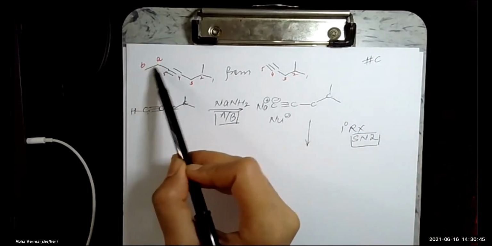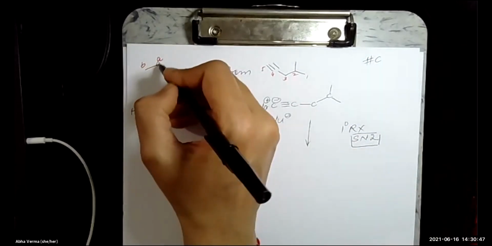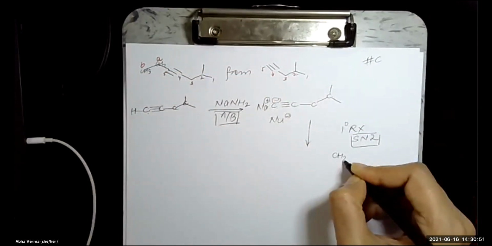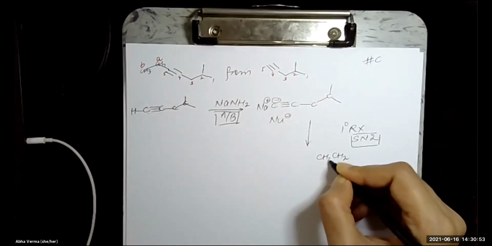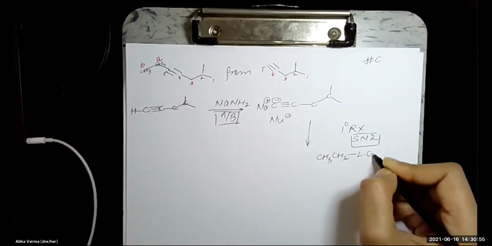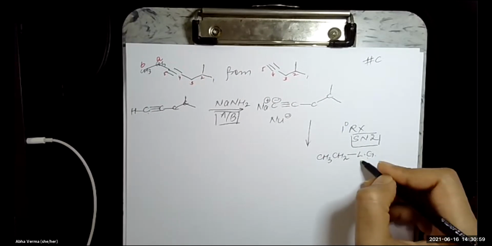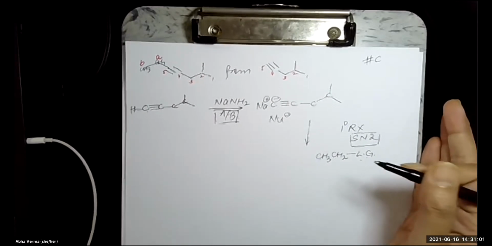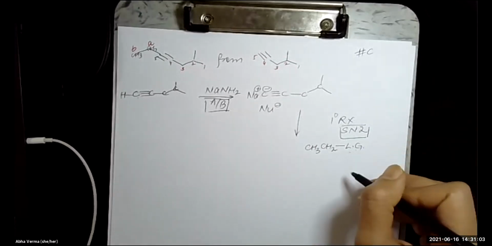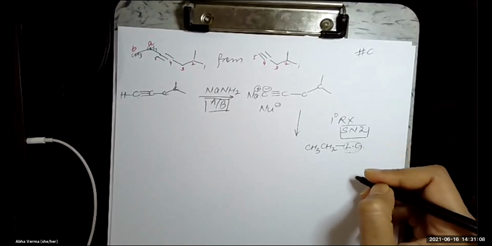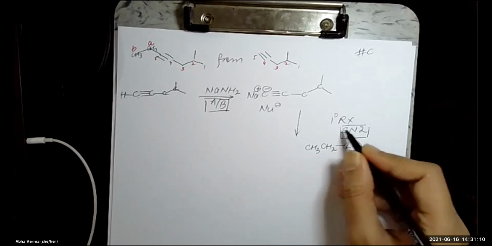So how many carbons are here? 2 carbons, CH2, CH3, and that's what I'm going to place here. CH2, CH3 with a leaving group. Now I cannot just write LG here. I will have to give a legitimate or reasonable leaving group. And I can just put OMs here. I can put Cl here or anything that I want as my leaving group.